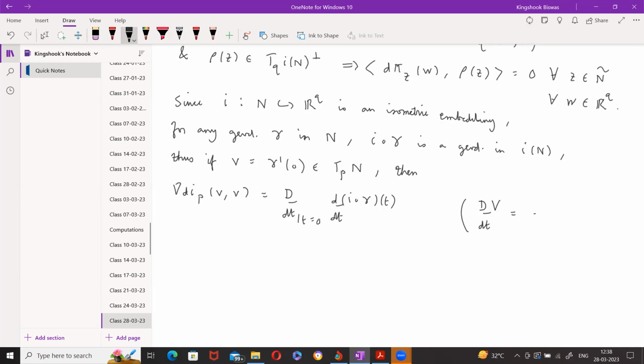This is equal to the usual derivative, and then you take the tangential component, right?